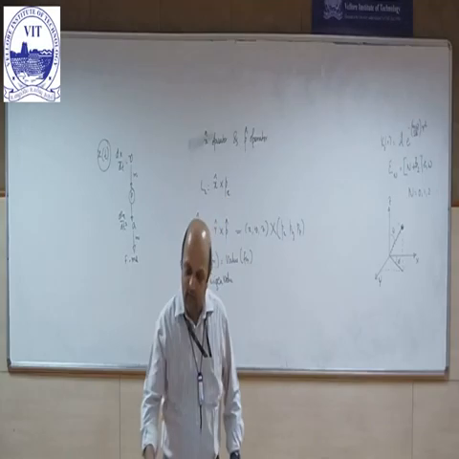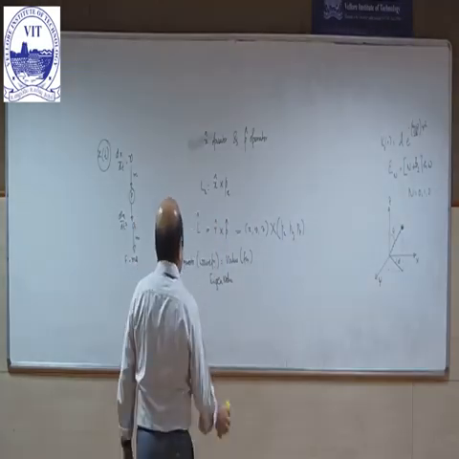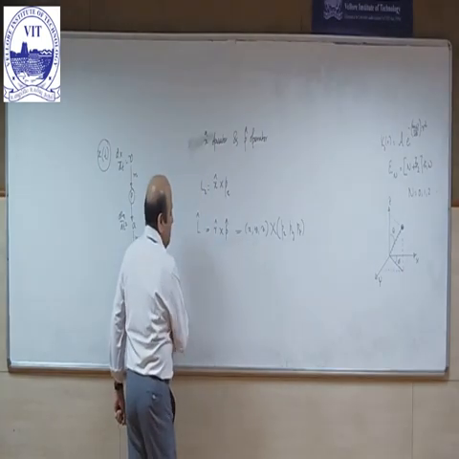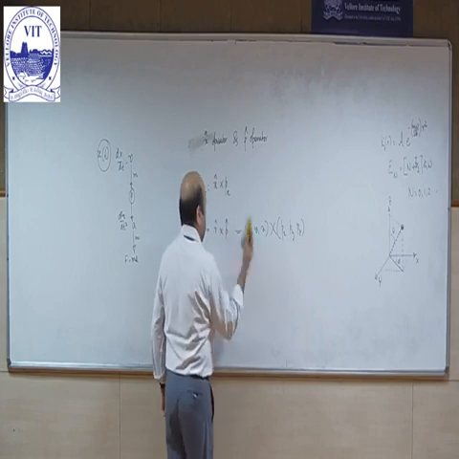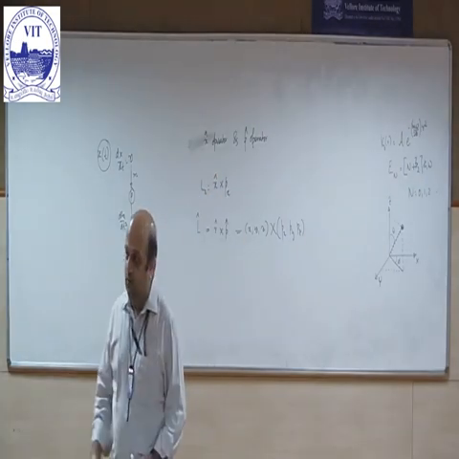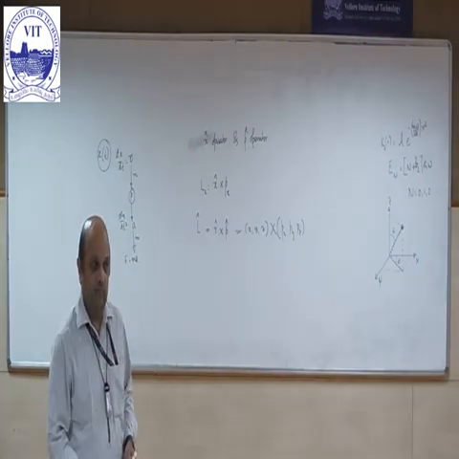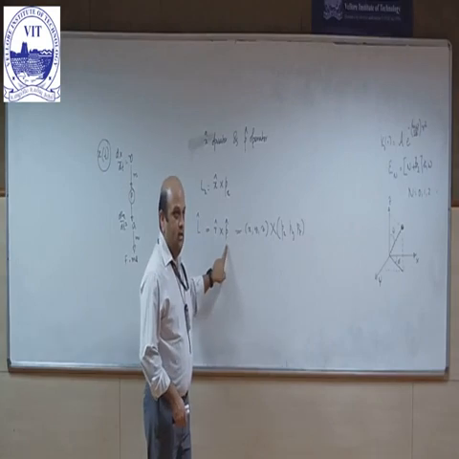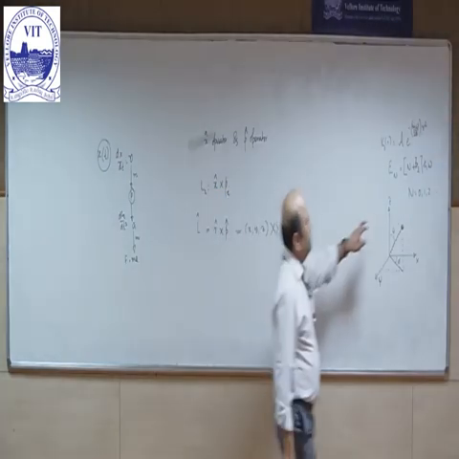If you find the cross product between the position operator and the linear momentum operator, you will get the information about the angular momentum. Okay, once you start writing like this, it already tells you something about this wave function.